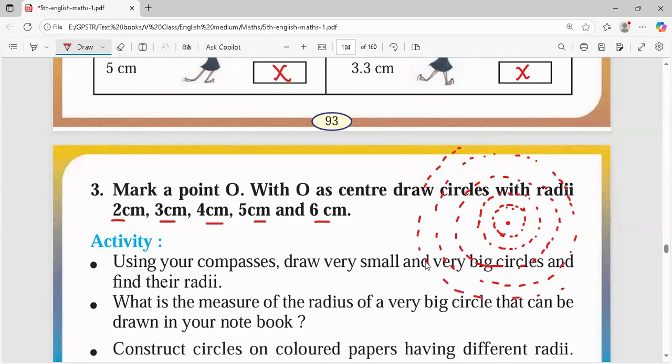These are all radii with the common center O. Common center O here. 2 centimeter, 3 centimeter, 4 centimeter, 5 centimeter. This is 6 centimeter. Draw like this.